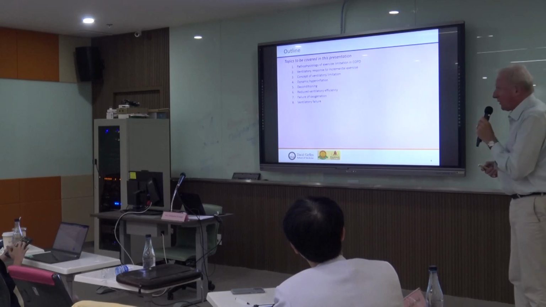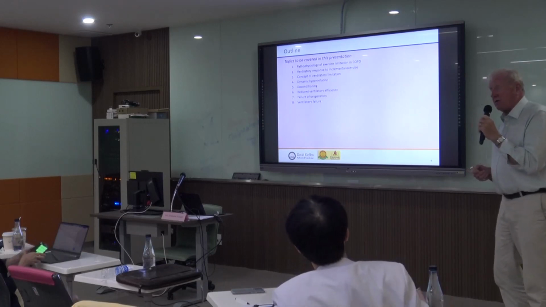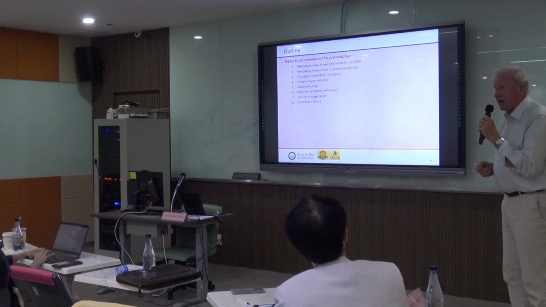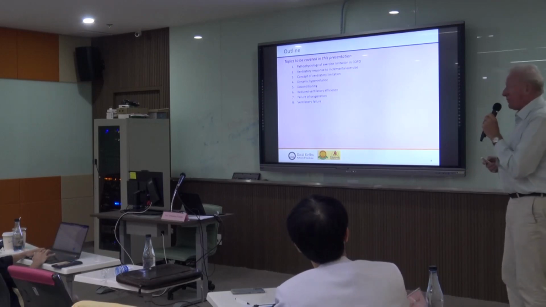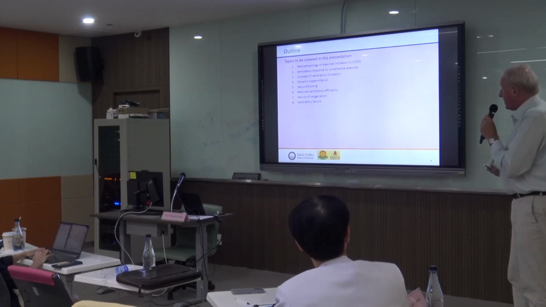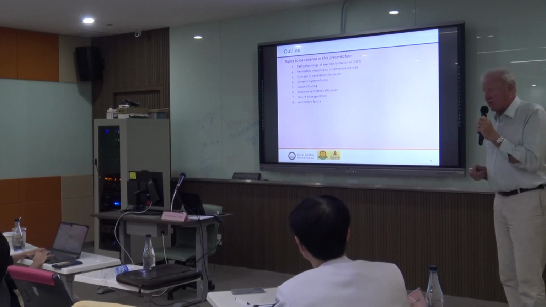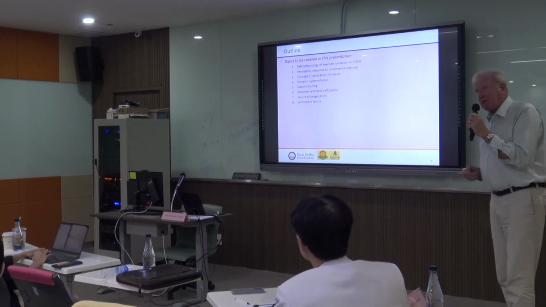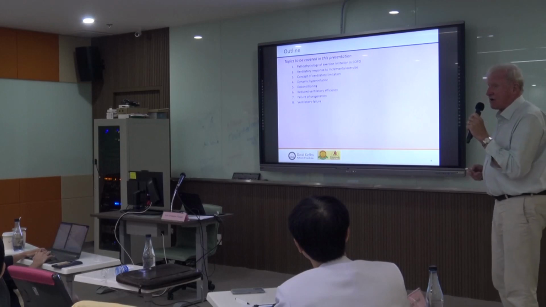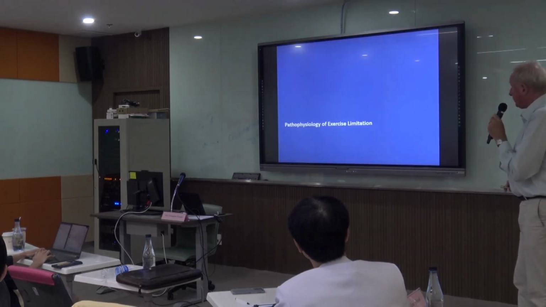I'm going to talk about the ventilatory efficiency slope, how we interpret that in terms of the response to incremental exercise, and we'll talk about failure of oxygenation and ventilatory failure, how we recognize these issues and address them when we're doing cardiopulmonary exercise testing in COPD.